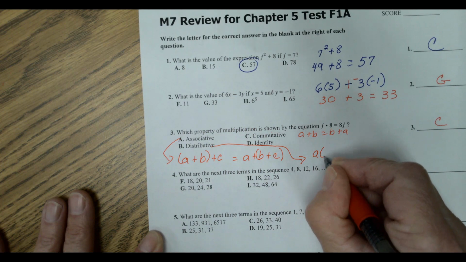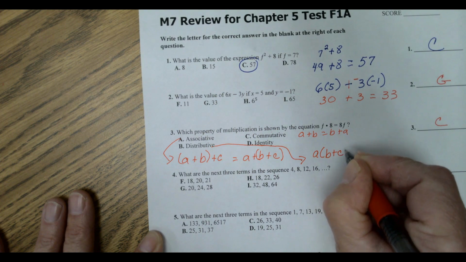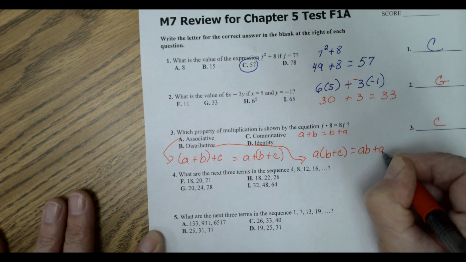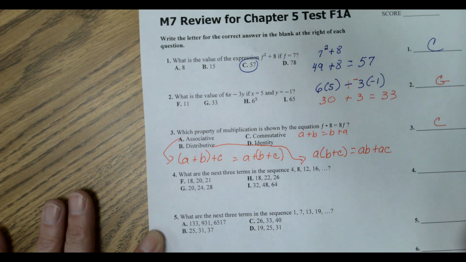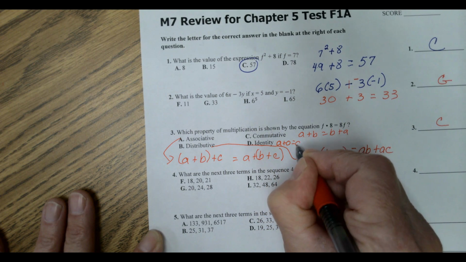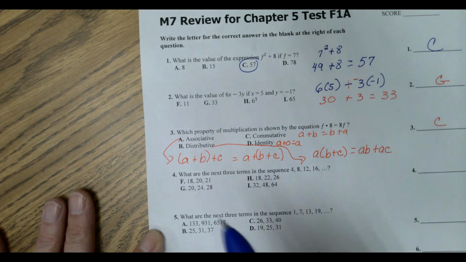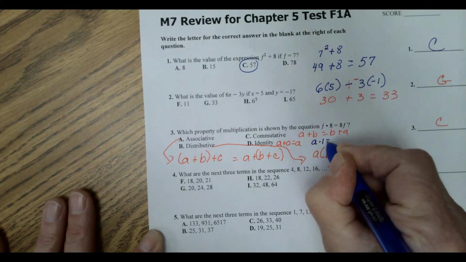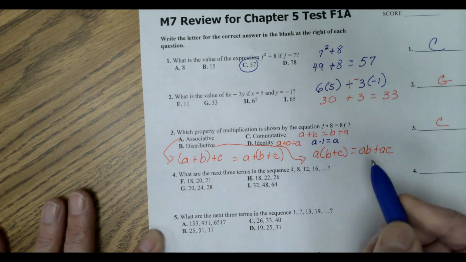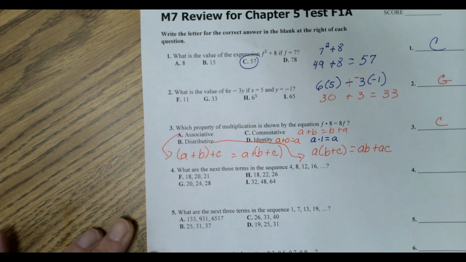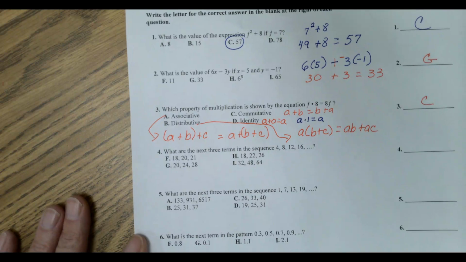A times B plus C equals A times B plus A times C. And the identity property, there are two of them. A plus 0 equals A, or the identity property for multiplication, A times 1 equals A. It keeps its identity. So please make sure you know what each one of those properties looks like.